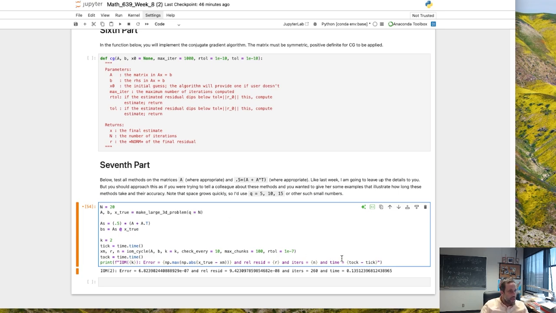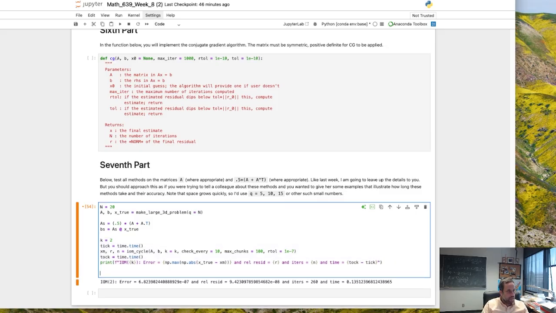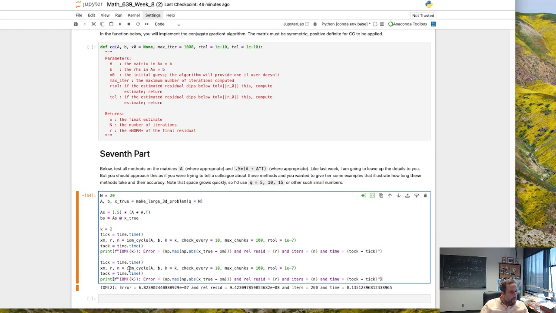X true. And I'm going to copy and paste this here. And here, instead of IOM cycle, it's going to be FOM symmetric. And that does not take a K, so I don't need to have this K here. Now, this is not going to be IOMK, it's going to be FOM.